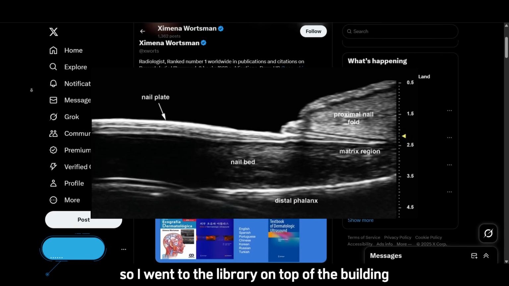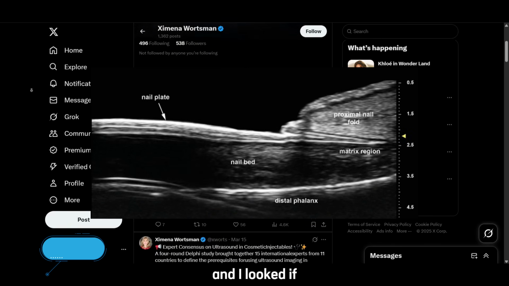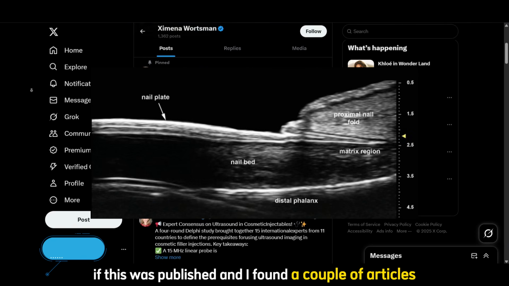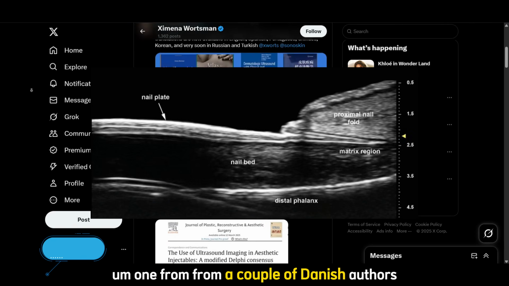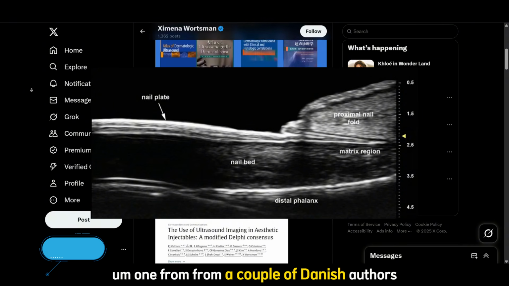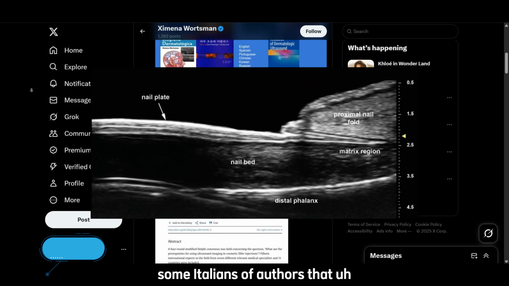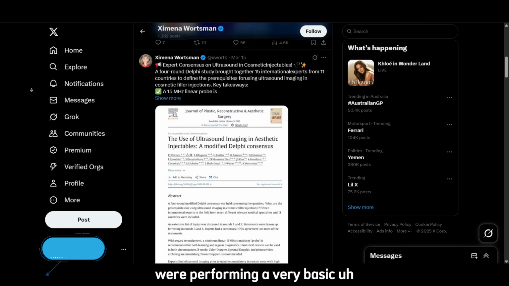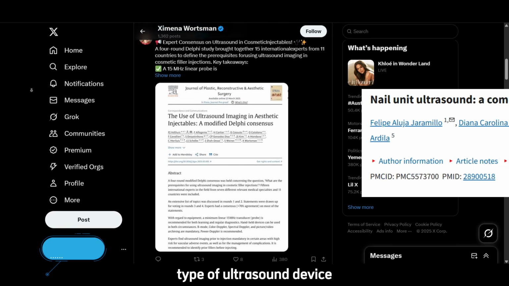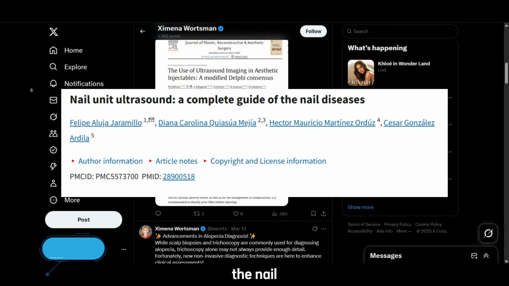So I went to the library on top of the building, and I looked to see if this was published, and I found a couple of articles, one from a couple of Danish authors, and the other one from some Italian authors that were using a very basic type of ultrasound device, but still you can see the nail.